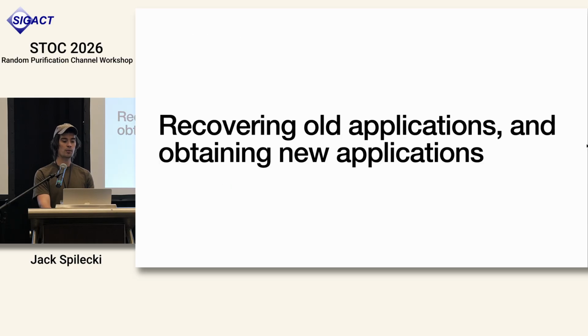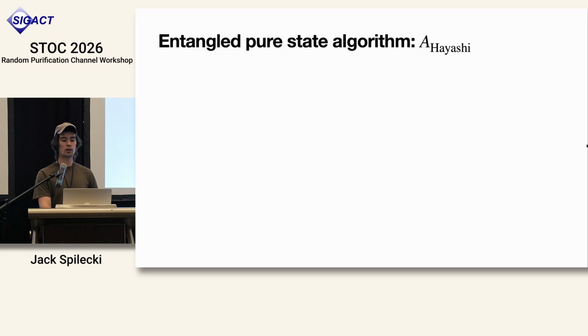Okay, so now I'm going to shift gears, and I'm going to talk about how we can use a different pure state algorithm to not only recover some previous applications, but also go a bit beyond. All right, so I'll begin by just describing Hayashi's algorithm, which is the second pure state algorithm.